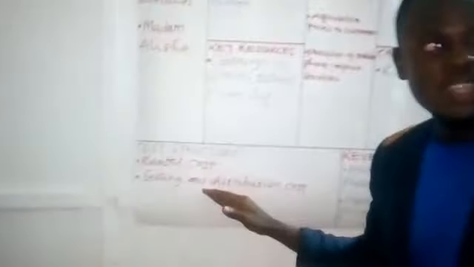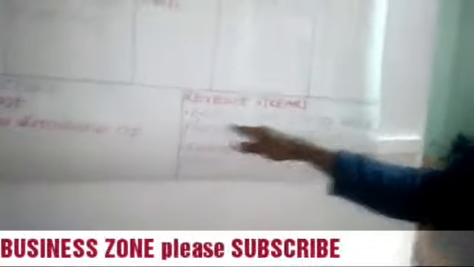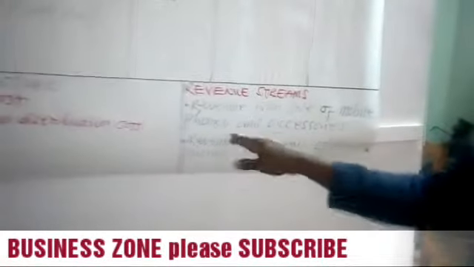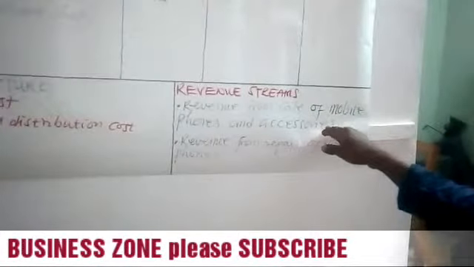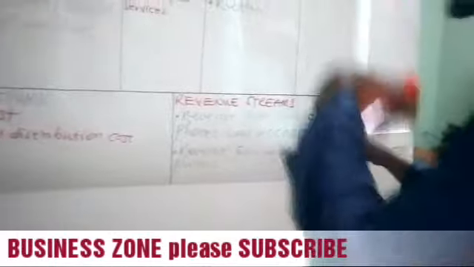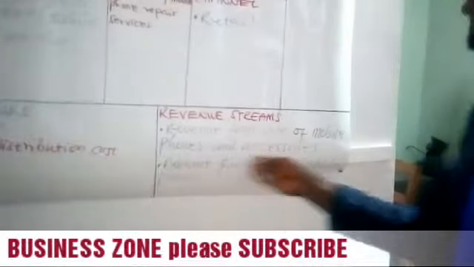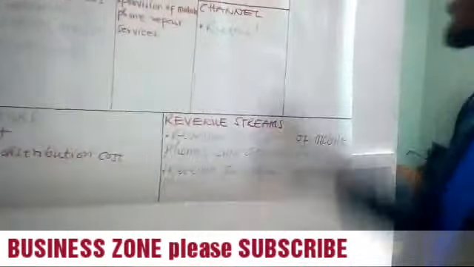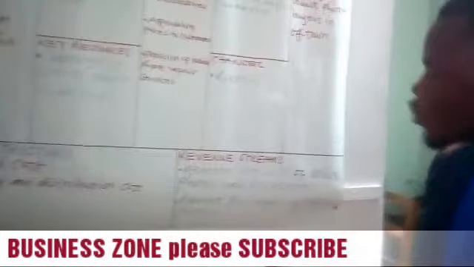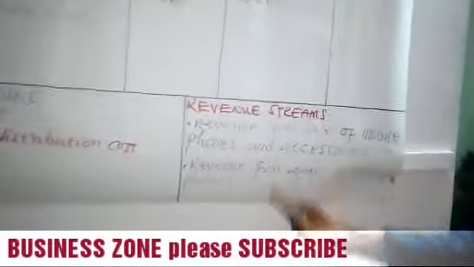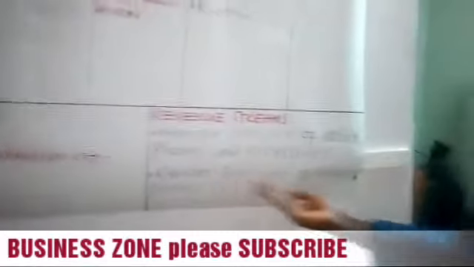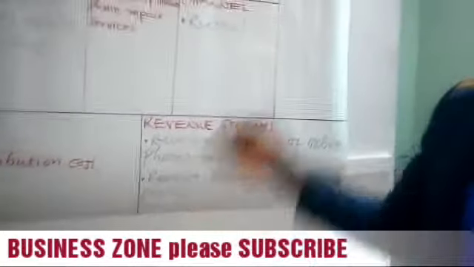Then after identifying this cost structure, Home Phones now realizes that he is going to get revenues from sale of mobile phones and accessories. So as he sells the mobile phones and customers pay him, he's going to make revenue out of the sales. Also, he's going to receive an amount of money from repair of the mobile phones to his customers.